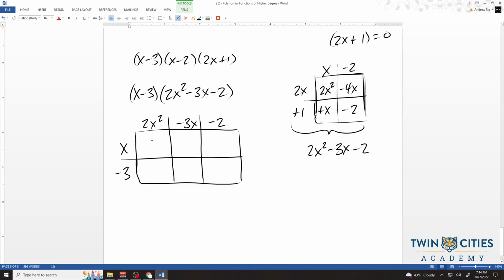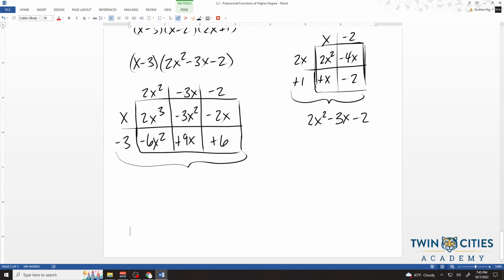This is going to make 2x to the third. X times negative 3x, negative 3x squared. X times negative 2, negative 2x. Okay, down here, negative 3 times 2x squared is negative 6x squared. Negative 3 times negative 3x is going to be a positive 9x. And then negative 3 times negative 2 is going to be positive 6.